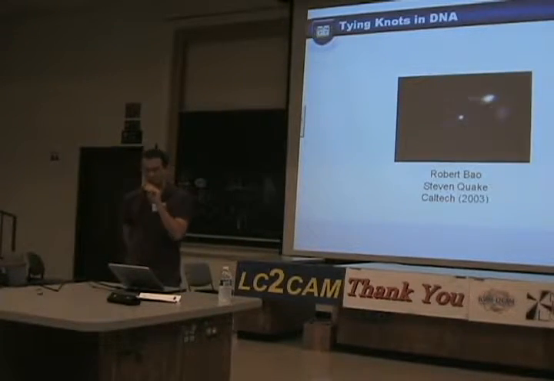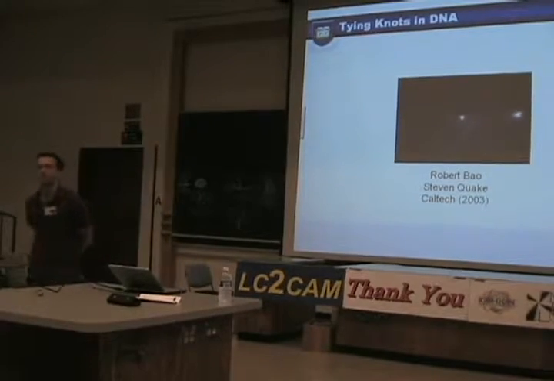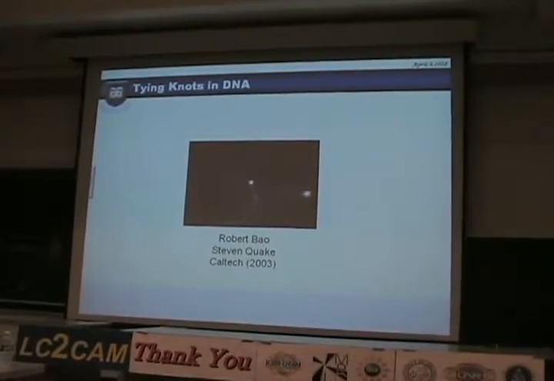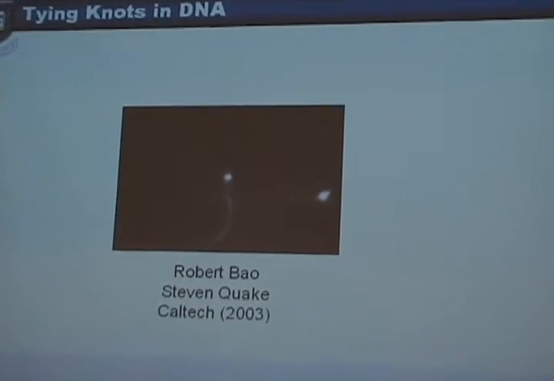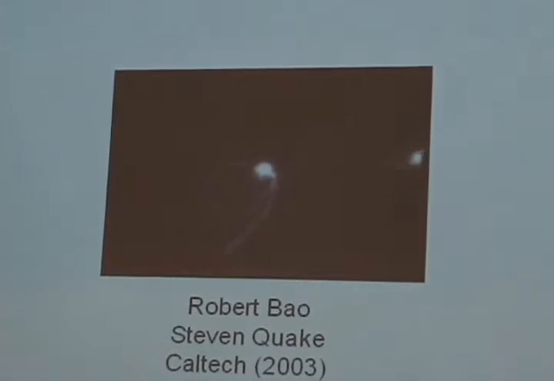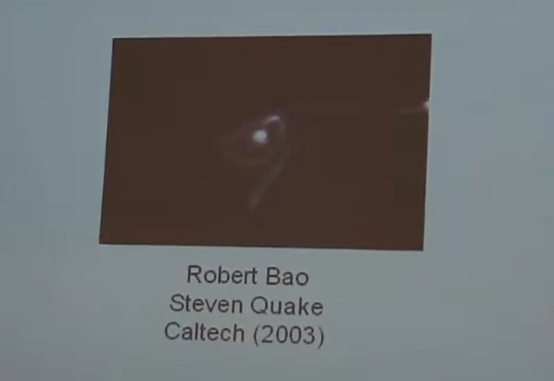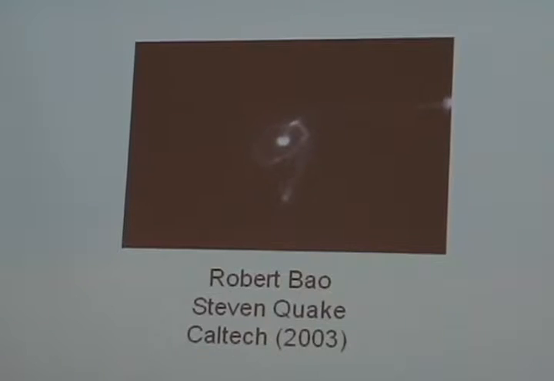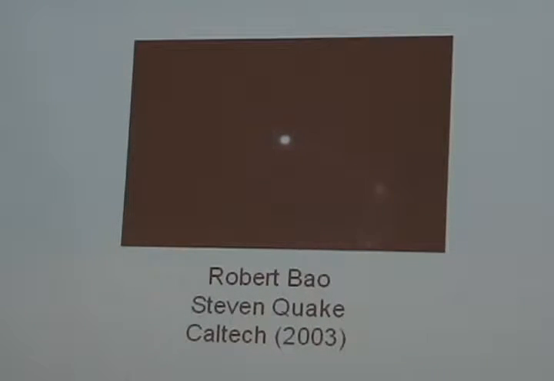The best way to introduce you to optical tweezers is a movie that I wish I could say that I made. This is a movie that came out of Steve Quake's lab about 5 years ago. In this movie, you see a guy named Robert tying a seven-handed knot in a single strand of DNA.